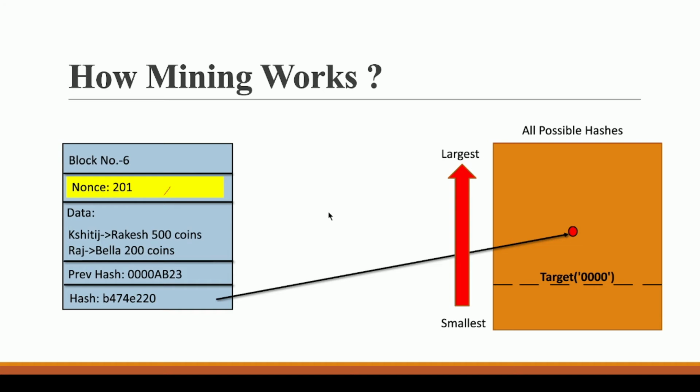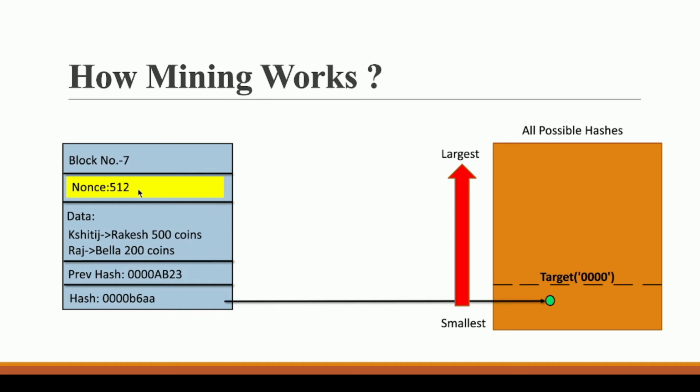Okay, now let's say he again changed the nonce and now he has a hash of 000b6a, and this is something which is below this target. This is the time where the miner has actually solved the mathematical problem. When I say nonce or block hash, I'm going to use them interchangeably, so don't be confused.